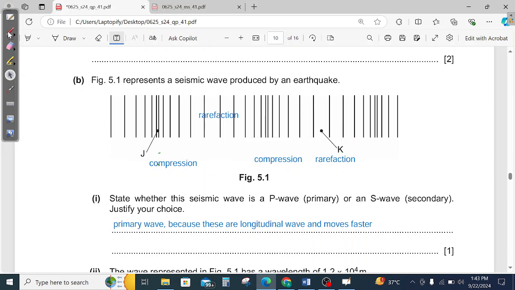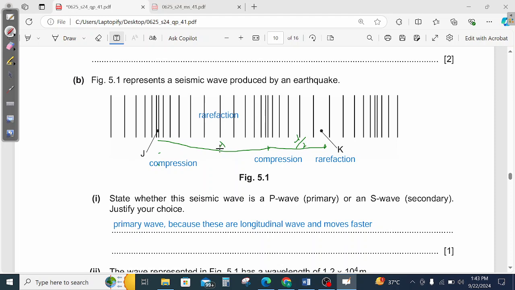Look at this one. From this J to this one you will get one wavelength, and then from this point to this point you will get half wavelength, because the distance between one compression and the consecutive rarefaction is half of the wavelength. You will write here half of the wavelength, and this is your complete wavelength.